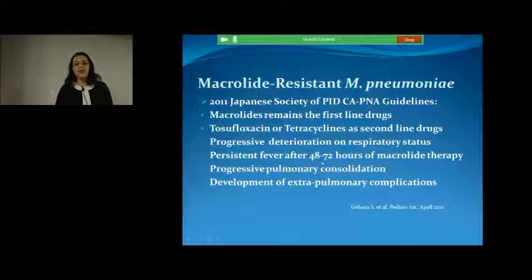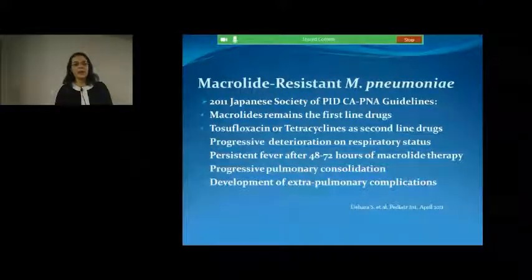Persistent fever after 2-3 days of macrolide therapy is considered one sign of possible macrolide-resistant Mycoplasma, progressive pulmonary consolidation, or the development of extrapulmonary complications.